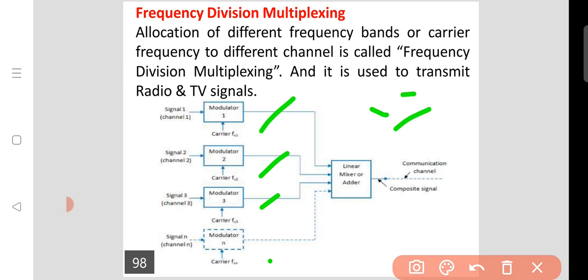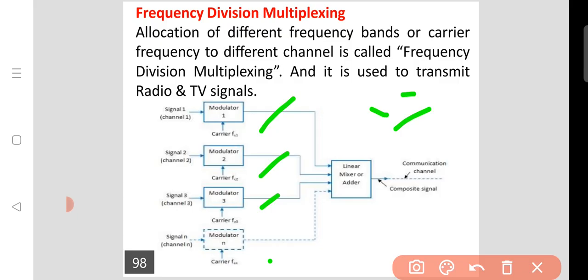Each modulator modulates a signal. What is modulation? We discussed modulation in earlier classes. The modulation process is energizing the signal using a high frequency signal. It means imposing the high frequency signal onto the low frequency signal, that is, our actual message signal.